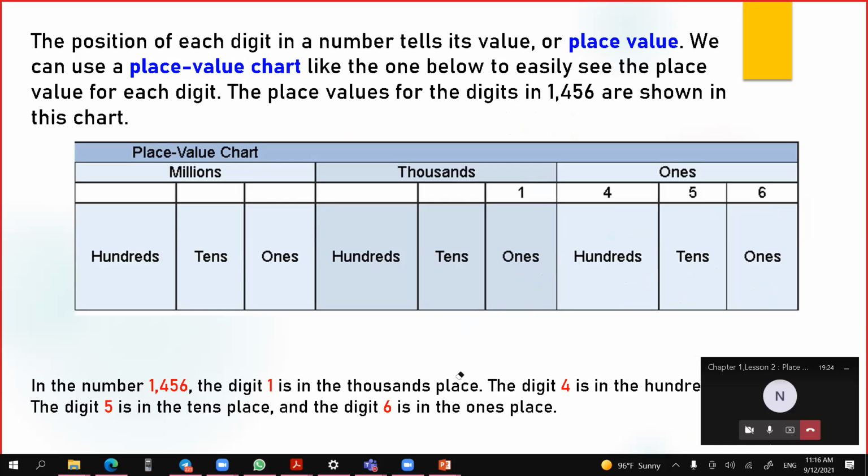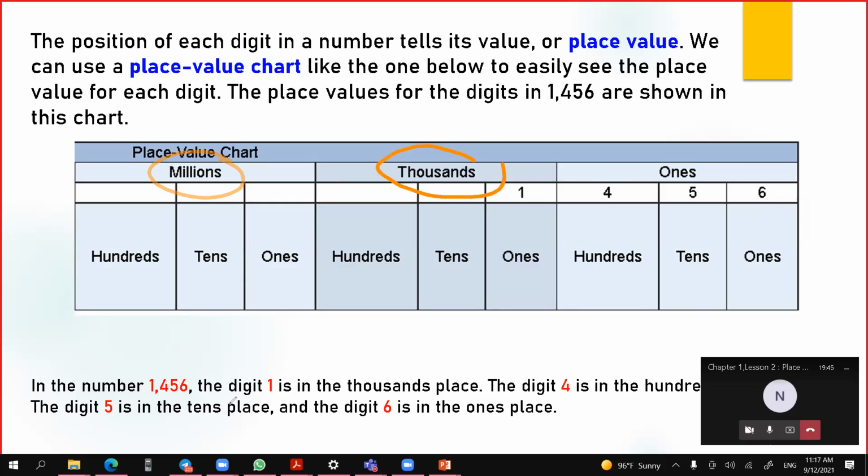Page 11. So now here, as I told you, to know where the number is located, where's the position of the number, we have to use something we call a place value chart. As you see here, this is the place value chart. It has 3 periods.